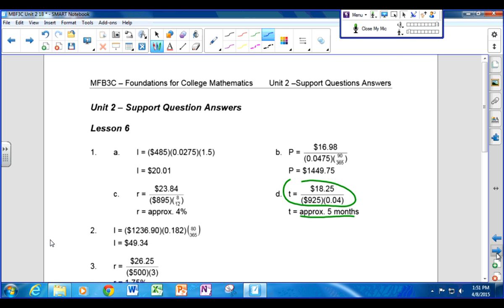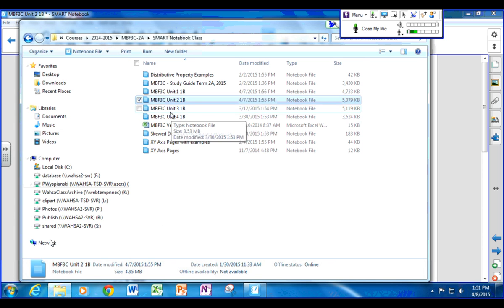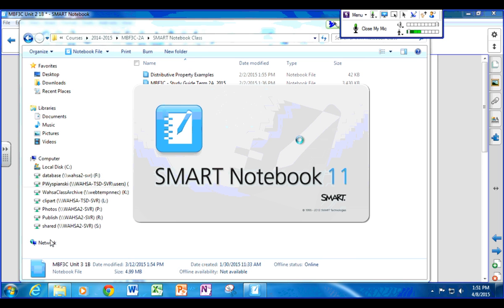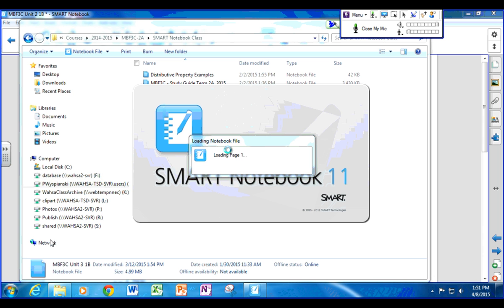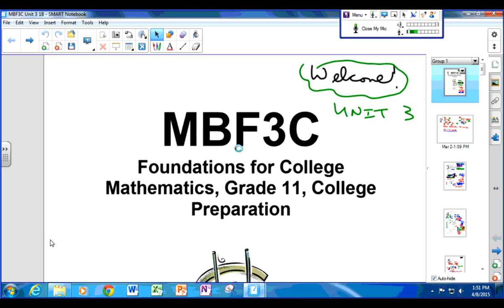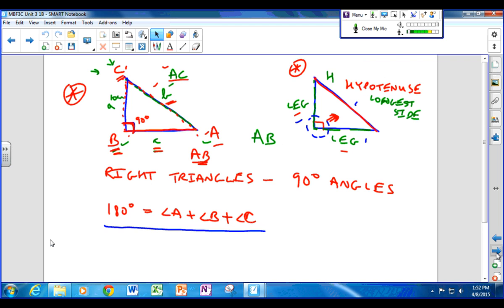So we'll just talk really quickly here about what we're going to do tomorrow. Tomorrow we'll just wrap up with Unit 3, which is the trigonometry, sorry. Now the trigonometry, there were some tricky bits to it, so I'm going to go through some of the more challenging parts of it, because I'm going to assume that you're kind of okay with SOHCAHTOA and right triangles and stuff like that.